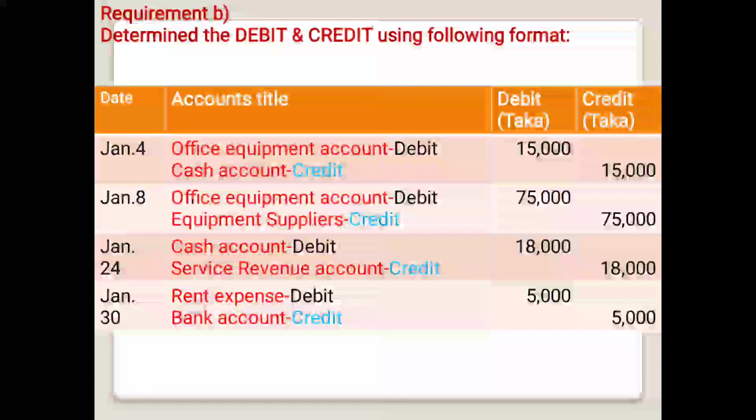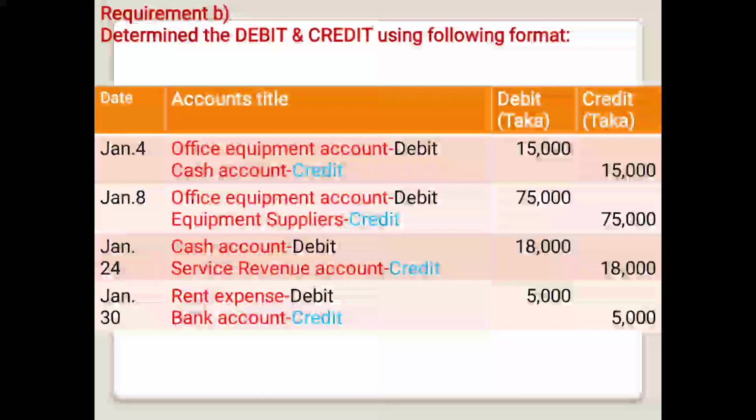Old desktop computer purchase, that is office equipment account debit, cash account credit. January 8, another laptop purchased from IT World, so office equipment account debit, equipment supplier, that is IT World, credit.